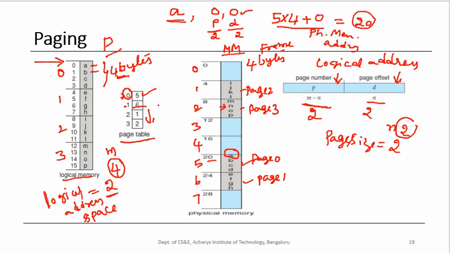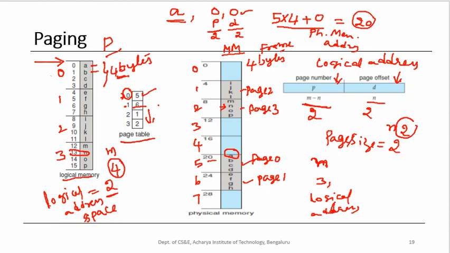Now let's say we are trying to access n. Where is n present in this case? Now you have to tell me. We are trying to access this n. Where is n present? Page 3. So the logical address for n will be page 3.